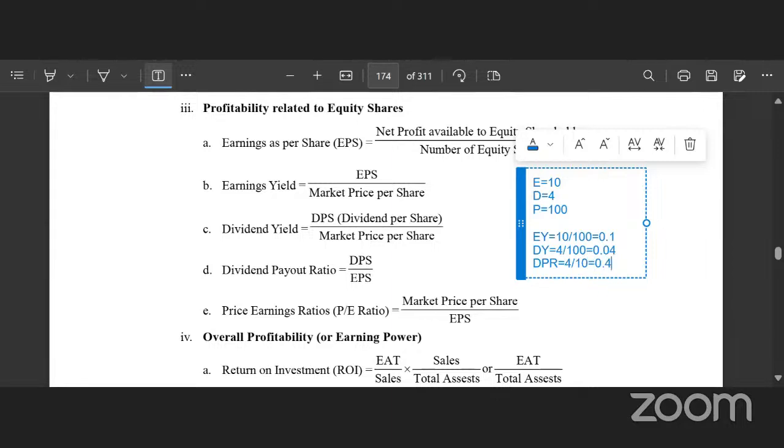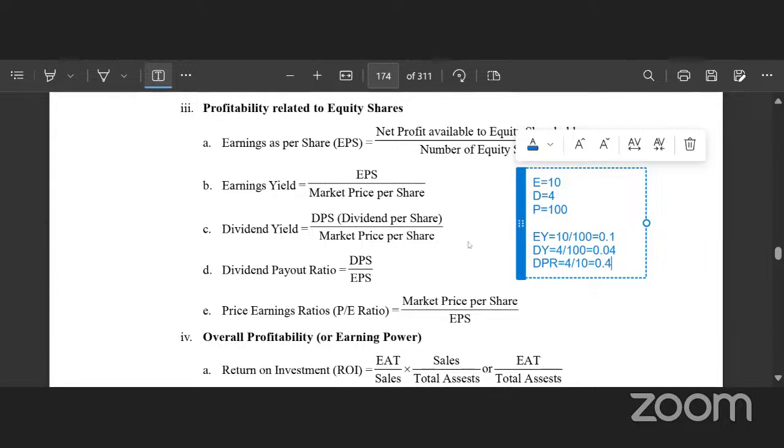That's 40%. When we say the dividend payout ratio is 0.4, what it means is that for every 1 rupee of earnings per share the company gets, 40 paisa is paid in the form of dividends. Suppose the company gets 100 rupees of earnings: 40 rupees is paid as dividends to equity shareholders.